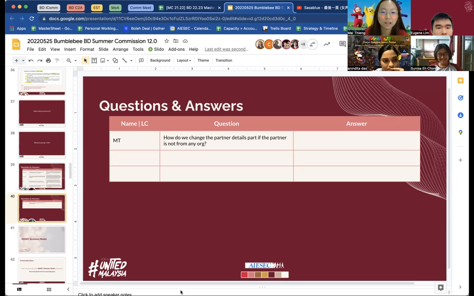Then I suppose if they're not from an establishment, you can just write their name, their IC number, just follow the format. But if they don't have an organization, those things you can just leave out. But I'm just a bit curious, how did that happen? If you can share.